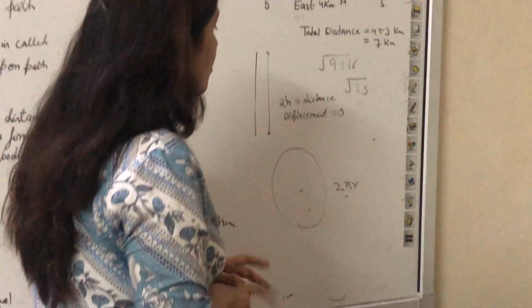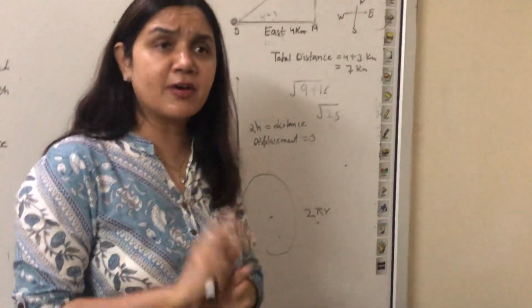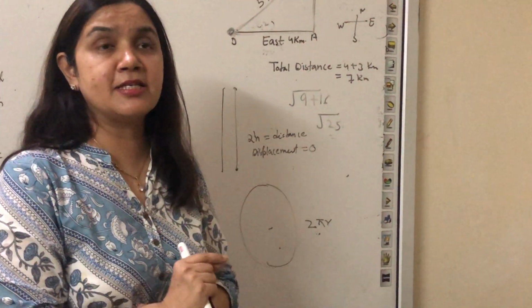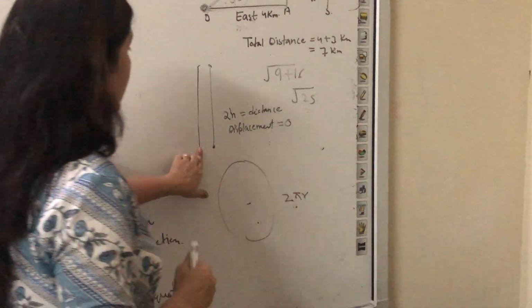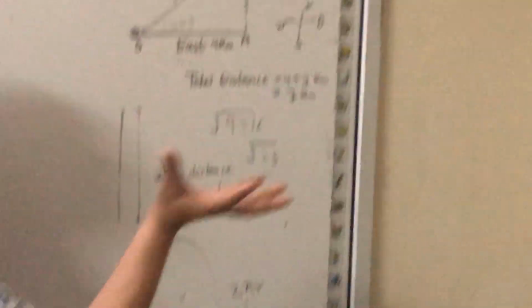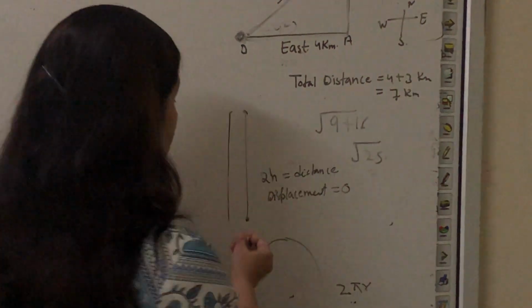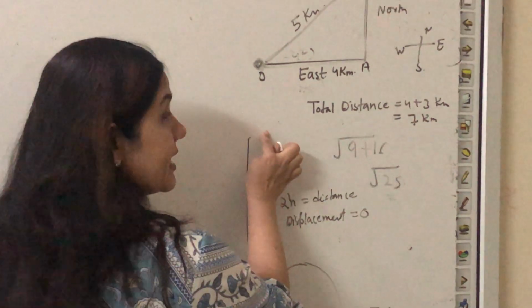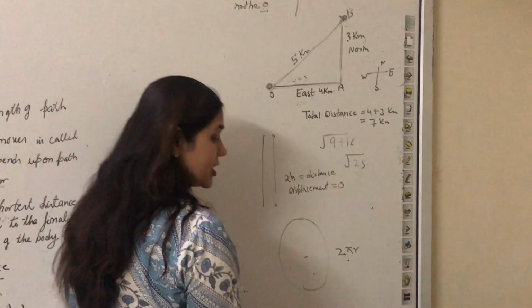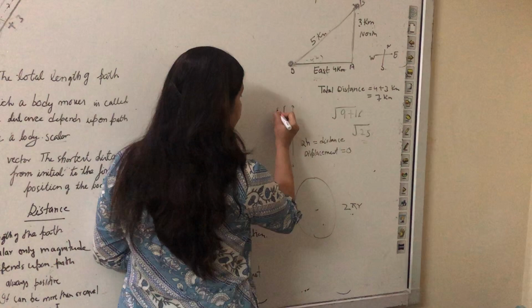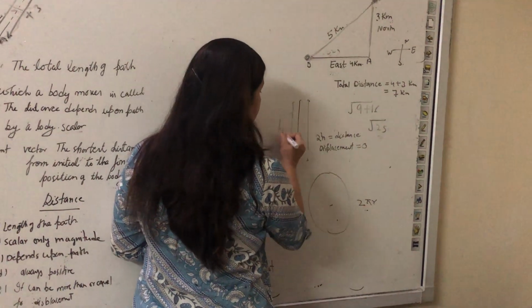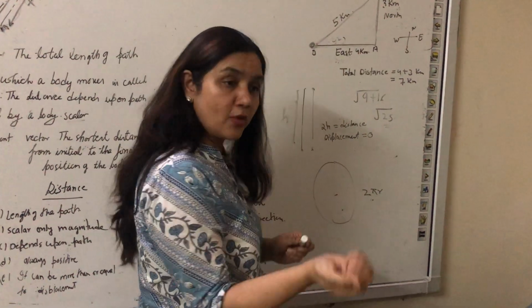Second thing, I have told you, distance can never be 0, but displacement may be 0. Try to understand with some examples. Suppose you take this chalk and it comes back to its original position. It goes like this and comes back to its original position. How will you calculate the distance? This chalk goes up, covering the distance h, and finally comes back to its original position.